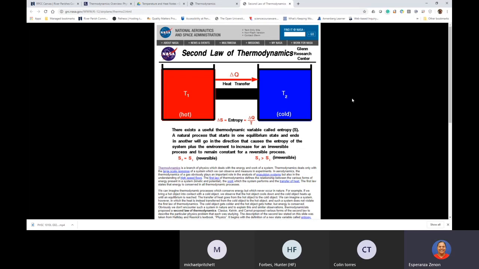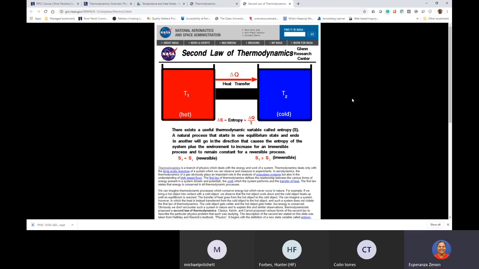Okay, and so when we're looking at this state variable or entropy, we look at the idea that a natural process that starts in one equilibrium state and ends in another always moves in a direction that causes the entropy of the system plus the environment to increase. So these natural processes are irreversible processes.